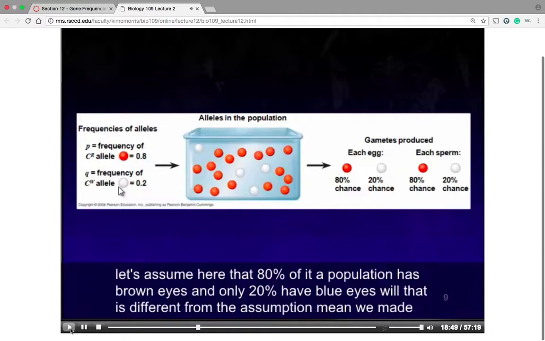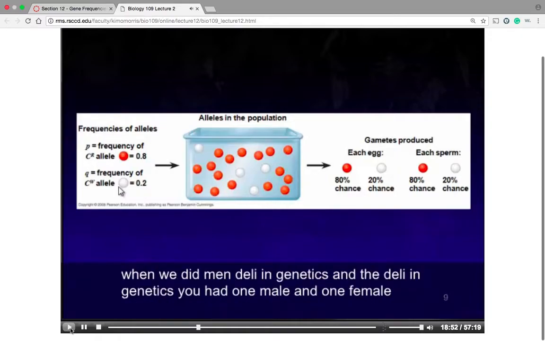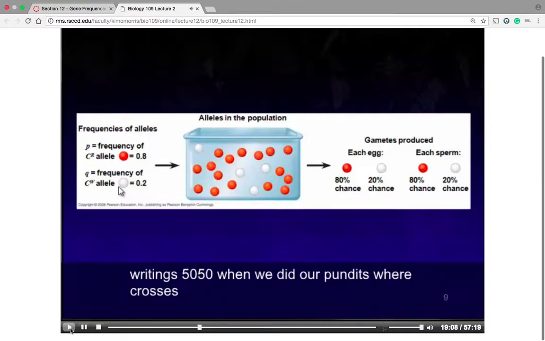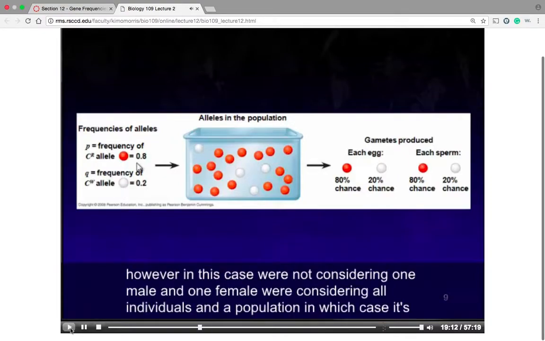Well, that is different from the assumption we made when we did Mendelian genetics. In Mendelian genetics, you had one male and one female, and we were interested in the chance of having one allele type versus another in the sperm or eggs. In that case, we assumed that it was 50-50. Right? It was 50-50 when we did our Punnett square crosses. However, in this case, we're not considering one male and one female. We're considering all individuals in a population, in which case it's skewed.